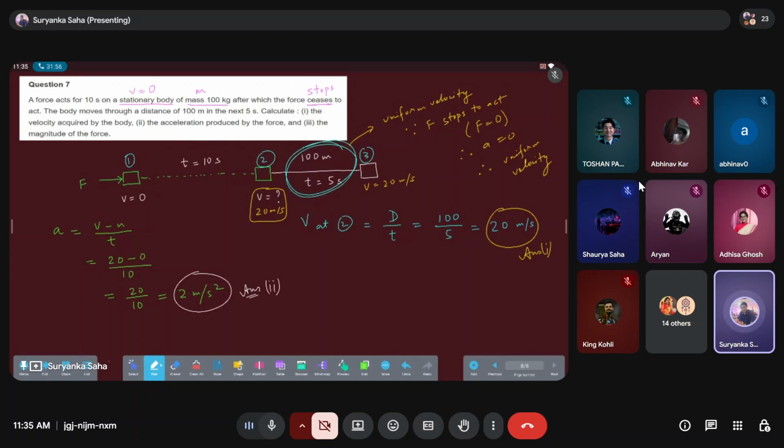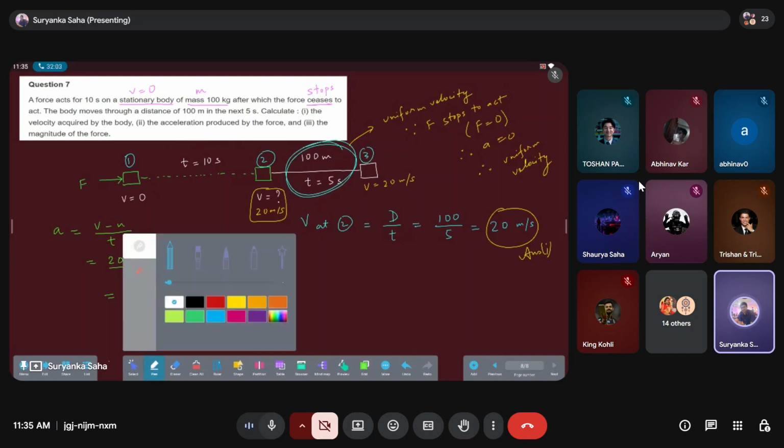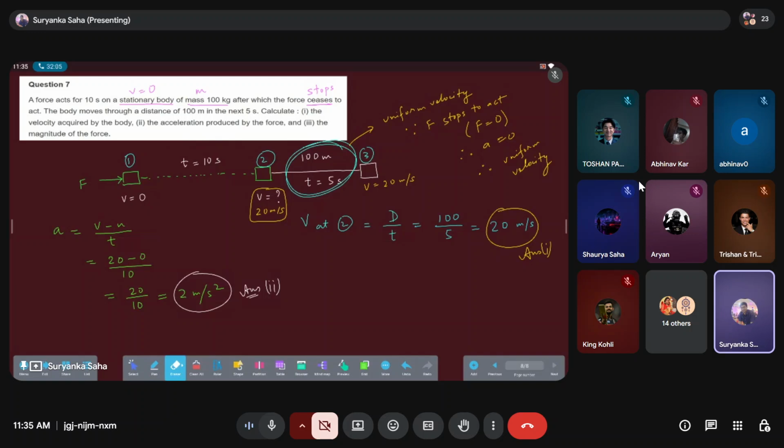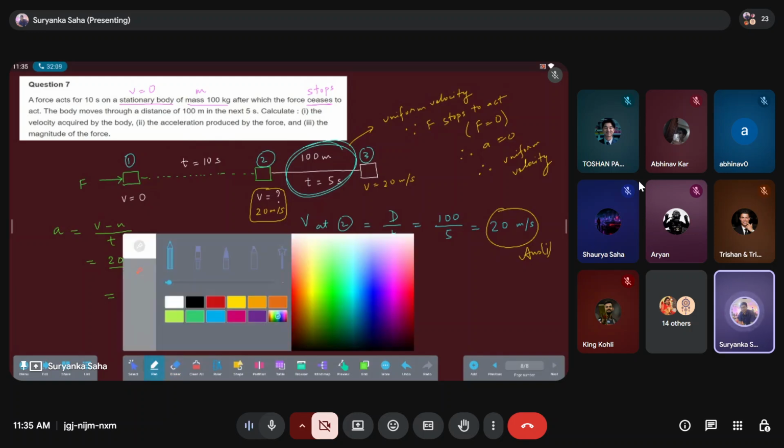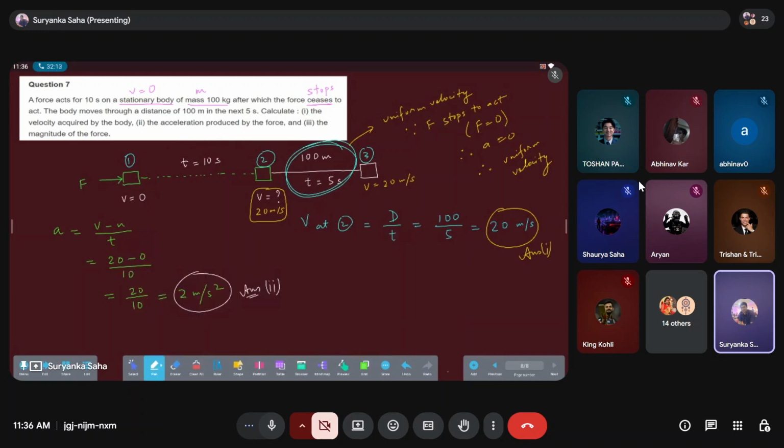Okay. What is the third thing? For the third part, they have asked for the magnitude of force, and force is nothing but ma. So let me write force is ma. What is your mass? Where did the mass go? 100 kg. Yes, here.